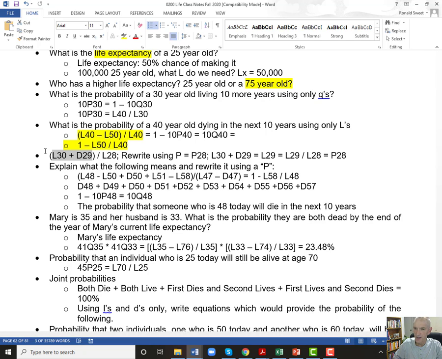Not L30, but L29. And you're taking L29 over L28, that's just going to be P28. The people alive at 28 are still going to be alive at L29. So L30 plus D29 is L29, so that equals P28.